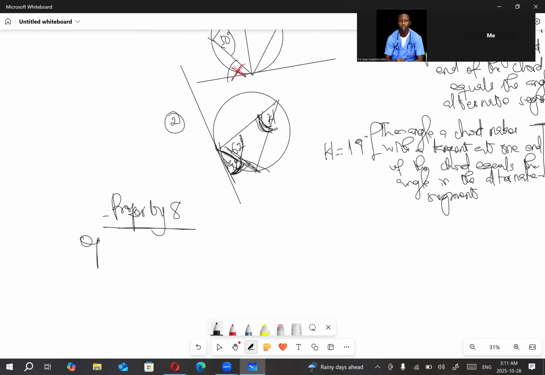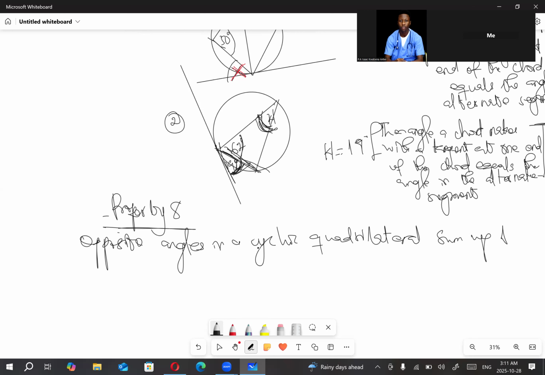Opposite angles in a cyclic quadrilateral sum up to 180 degrees.